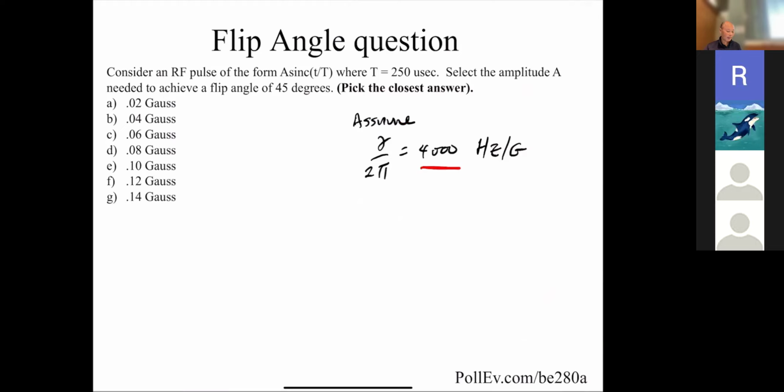We'll come back in a few minutes to see what people think the right answer is. For the people on Zoom, I'll open up a poll so you can pick the closest one.